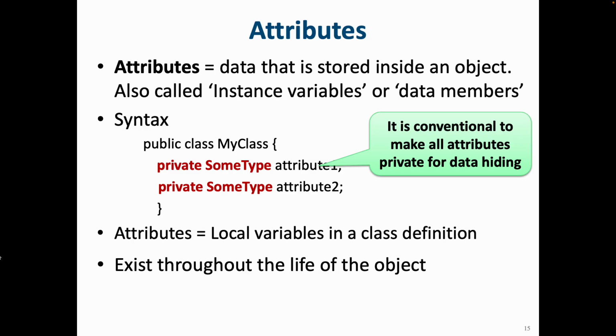So maybe I will define a class array for the student class. So it doesn't have to always be a raw data type like integer, float, boolean, and so on. It can also be an object itself. And these values will be kept in memory as long as the object is used in our program.